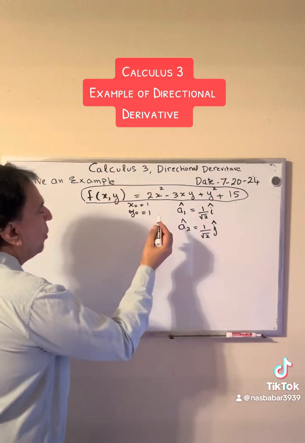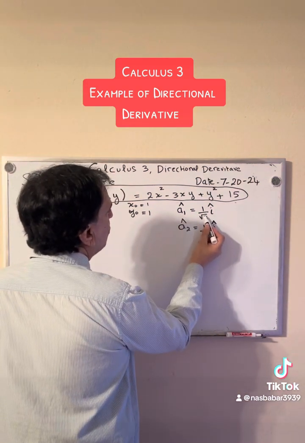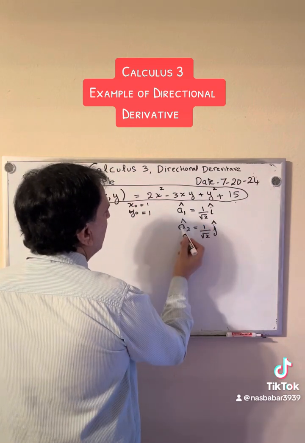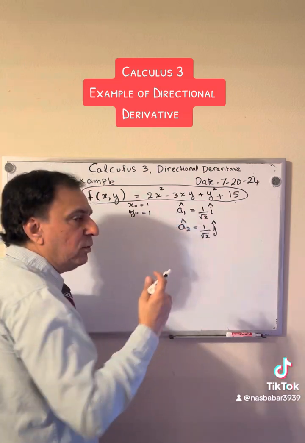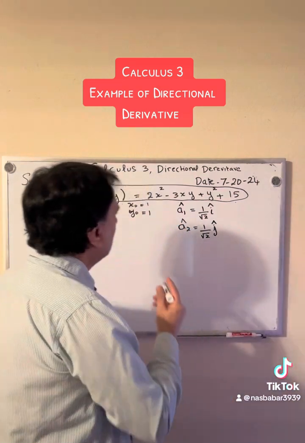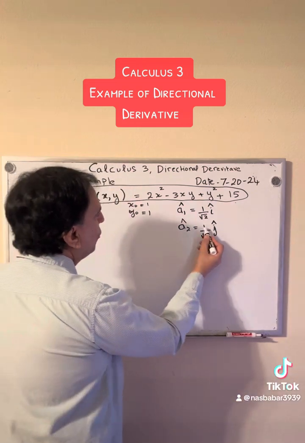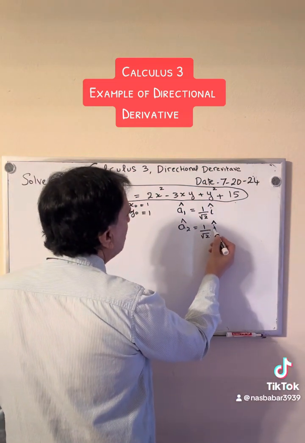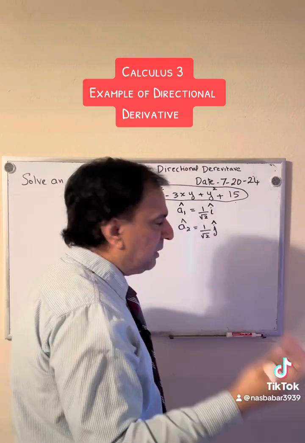The vector a1, the component with respect to x, is 1 over square root of 2 i, and a2, the component with respect to y, is also 1 over square root of 2 j. This sign right here symbolizes it's a vector.